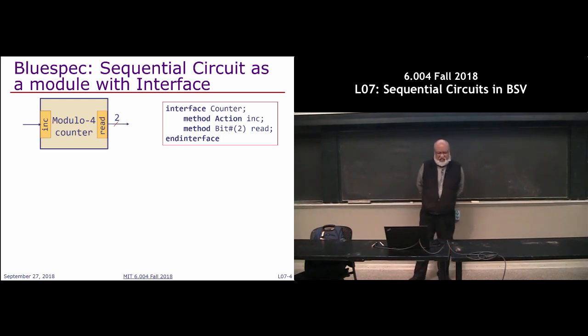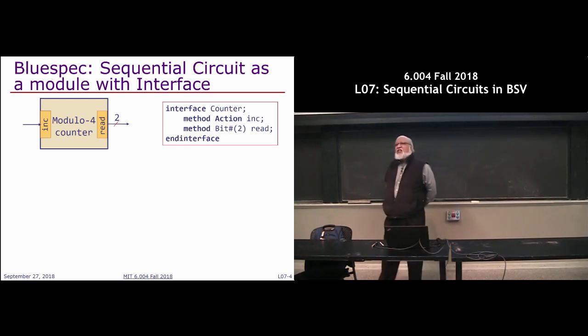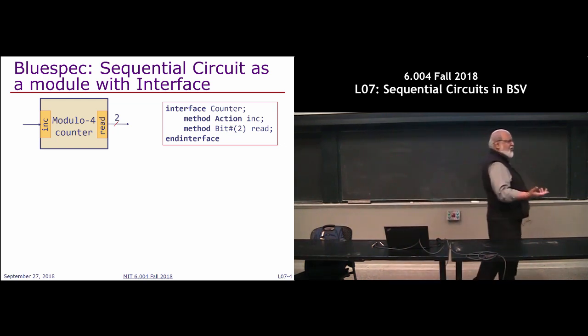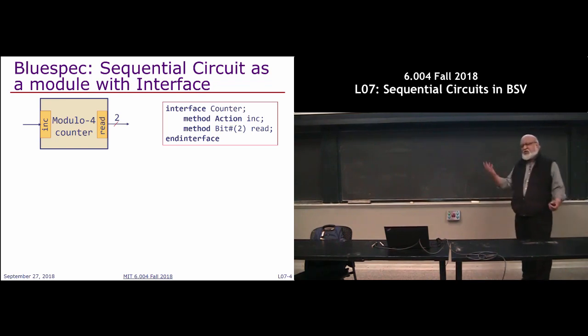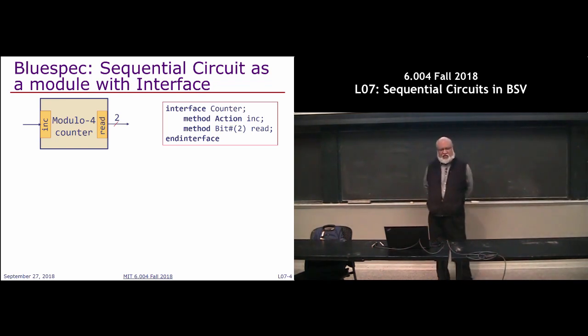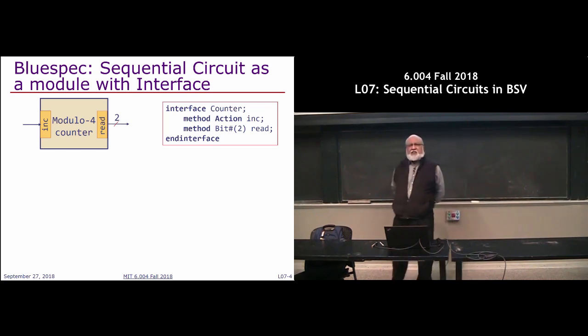And the second is read, which is like a read function. It's an output function from it, and it returns 2 bits, and that's it. So these are the two things that must be defined for a modulo 4 counter, and you can generalize for a modulo n counter. The parameter there will change from 2 bits to log n bits.